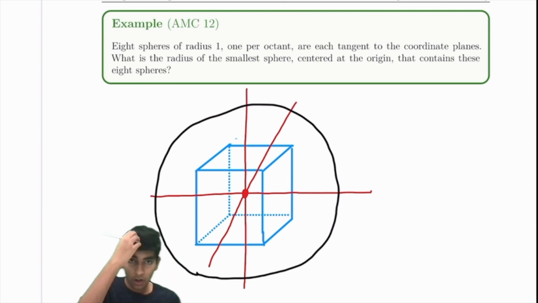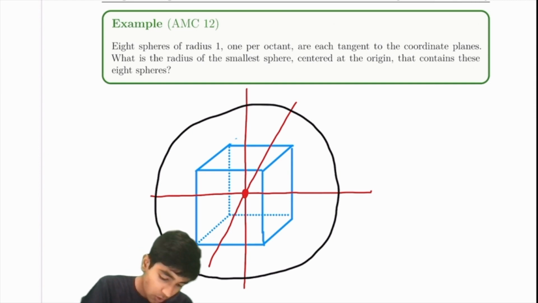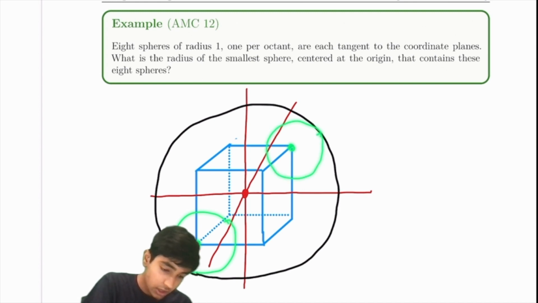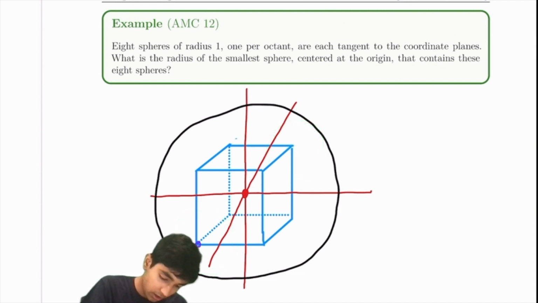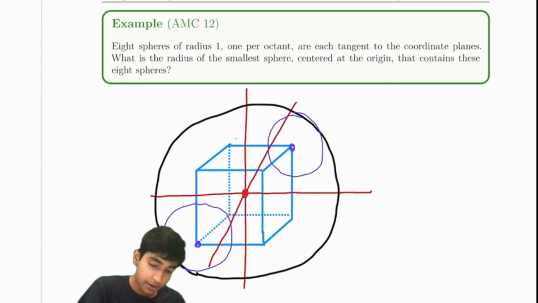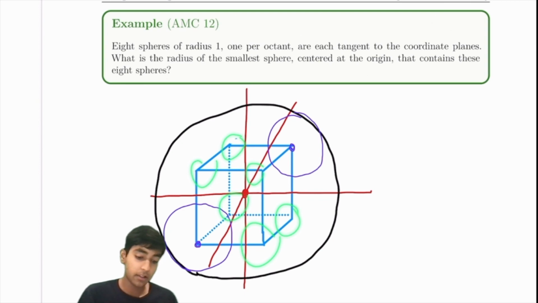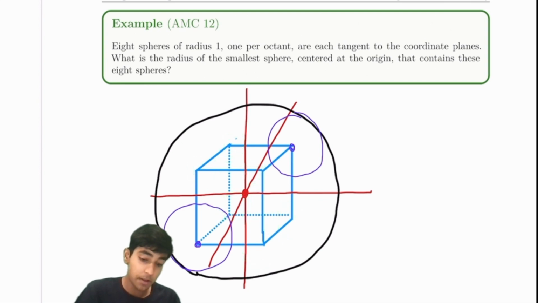Well, the key thing to notice for this problem is that there's a sphere centered at this corner and a sphere centered at this corner. You know what? Let's draw those permanently, not using our disappearing tool. And there are, of course, some other spheres here, here, here, which I'm not going to draw because those are not the important ones.